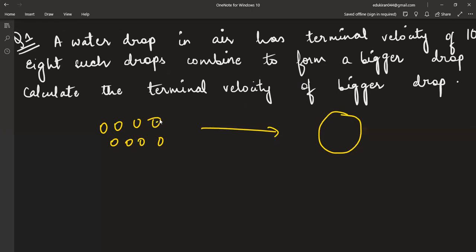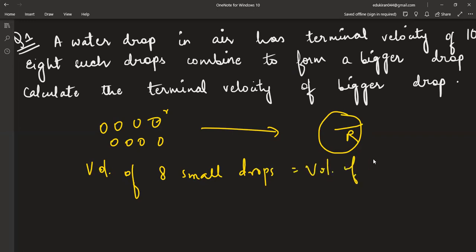So this radius must be small r and this radius must be capital R. One thing that will remain constant is the volume. Volume will not be changing. So the volume of 8 small drops is equal to the volume of one big drop.